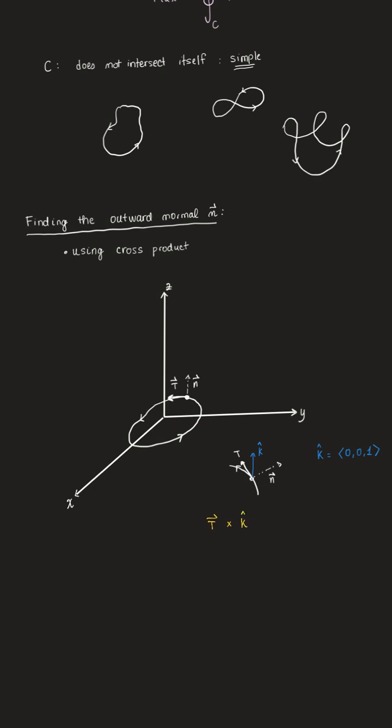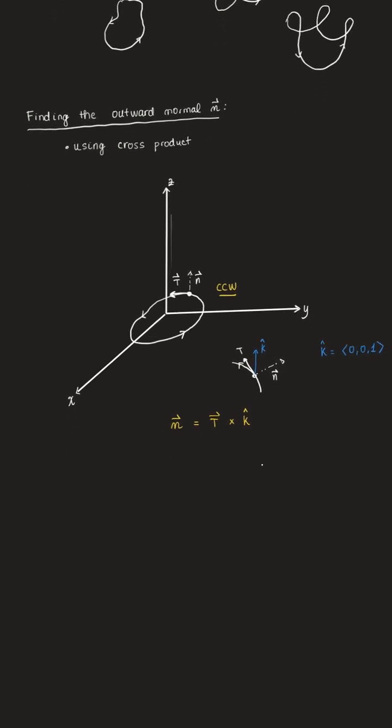That's going to give us the normal vector that we're looking for. And it will be the outward going normal vector, because if we use the right hand rule, and you line up the palm of your right hand and move it towards k, you will see that the vector n will point outward on the curve, as long as our curve is parametrized counterclockwise.